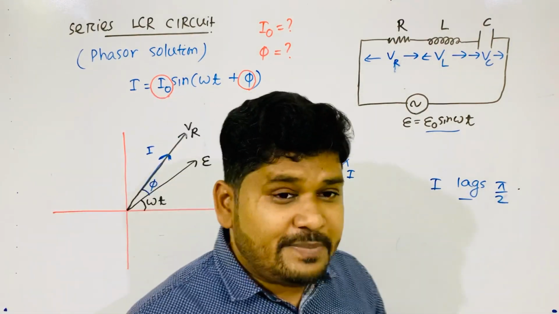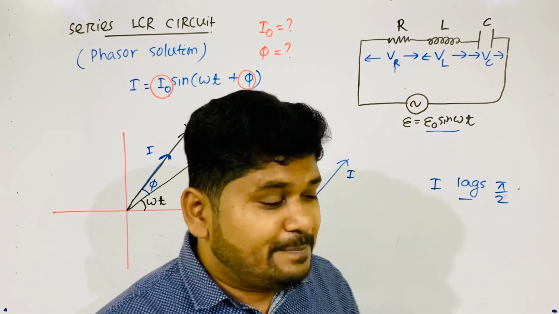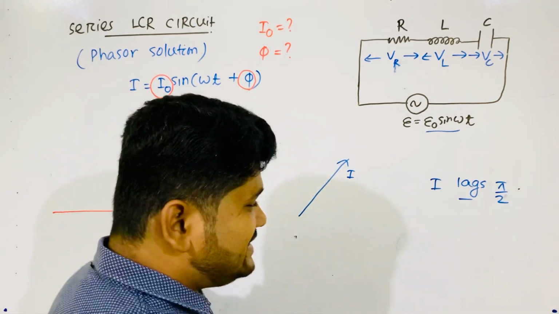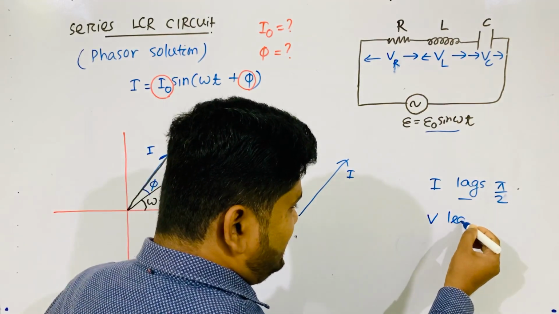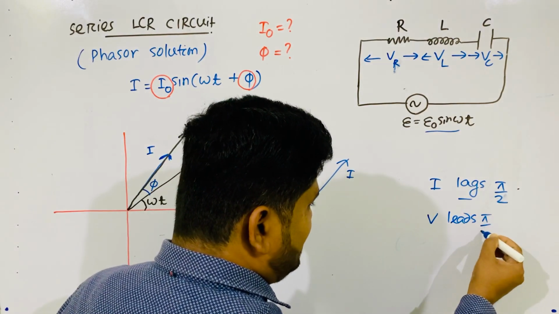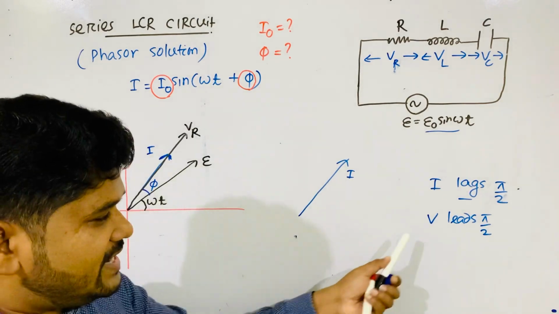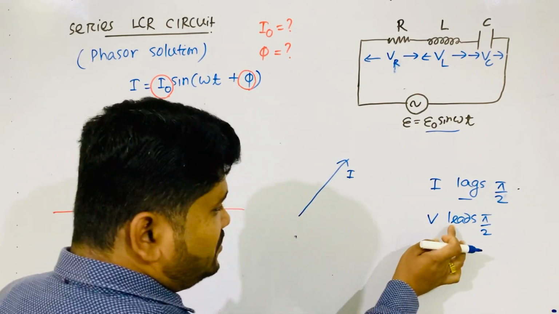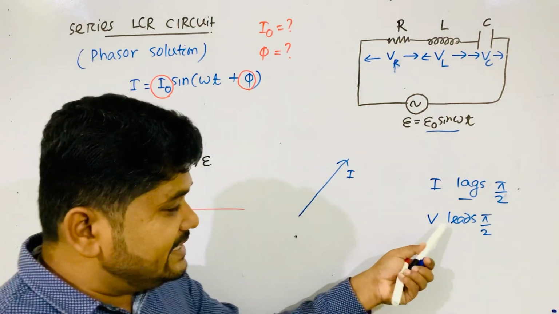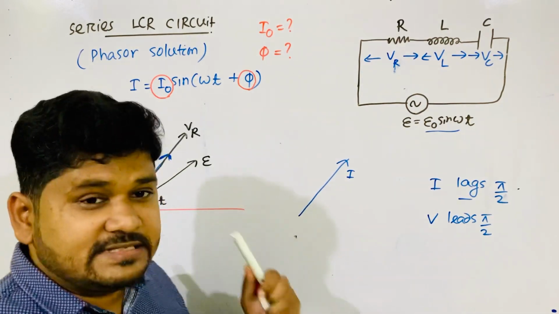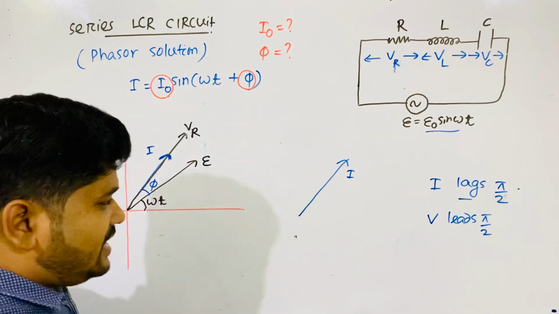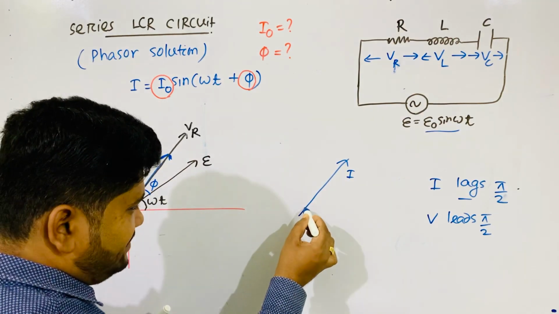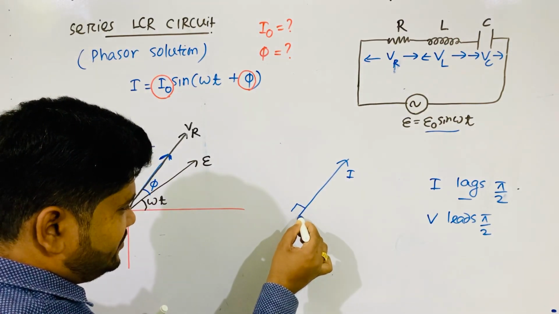Current lags by pi by 2 means voltage leads by pi by 2. So if this is the current, then the voltage leads. Leads means anti-clockwise direction, positive, making 90 degrees with it. So this will be the voltage line.